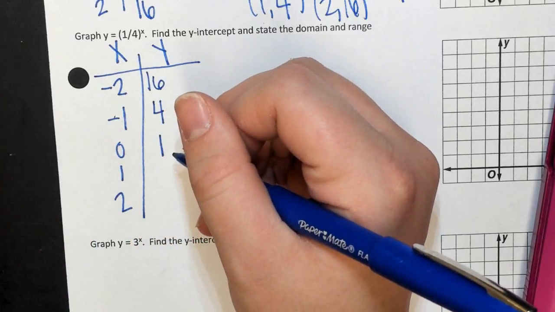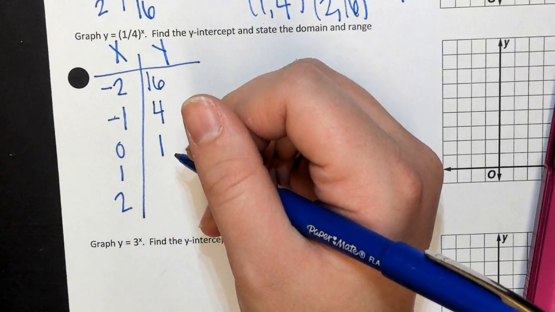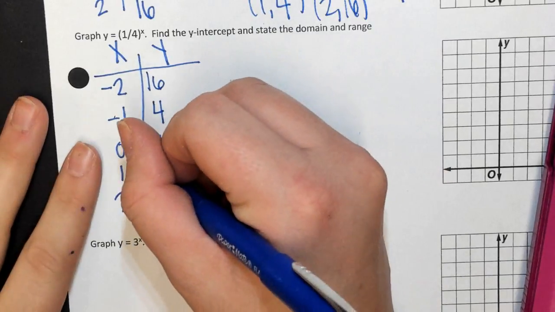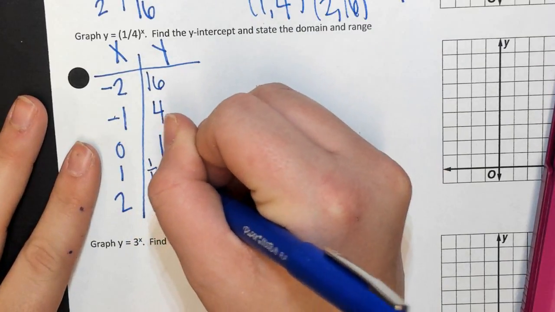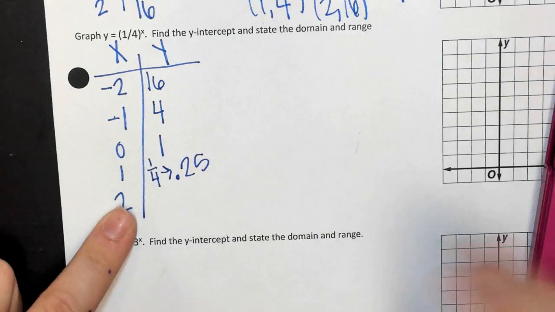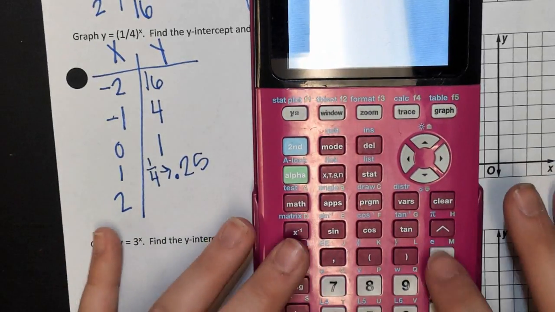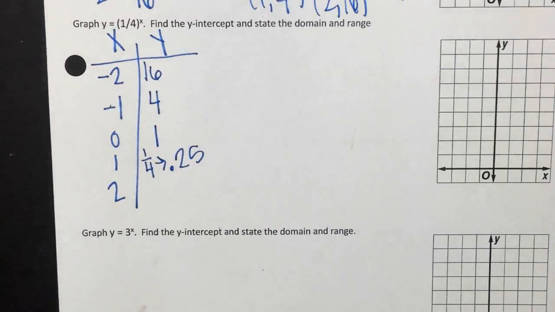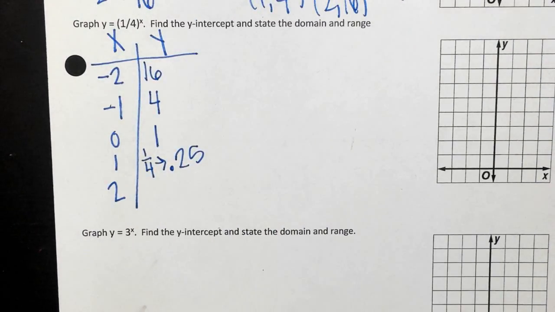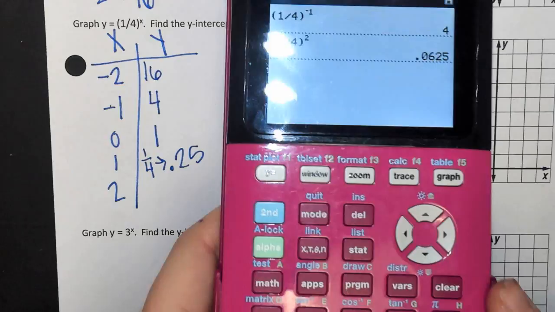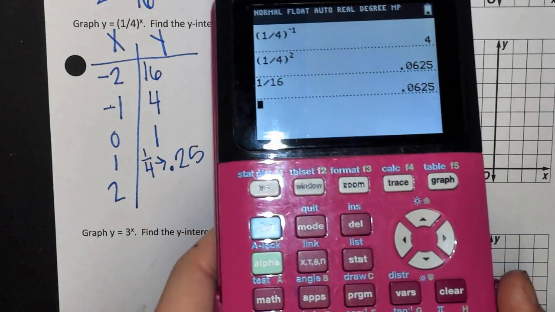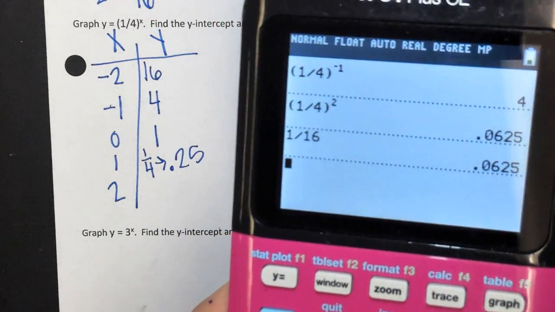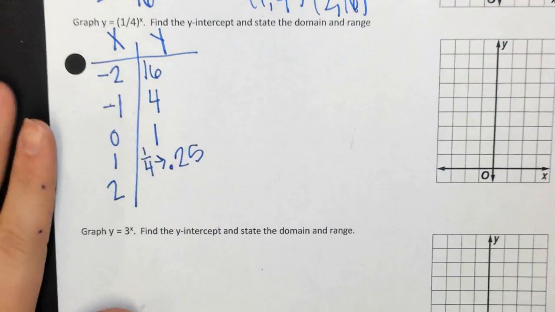But it's easier to graph a decimal, right? So what's 1/4 as a decimal? 0.25. And then 1/4 raised to the second power is 1/16. If it's easier to graph a decimal, I would do 1 divided by 16, and your decimal is 0.0625.